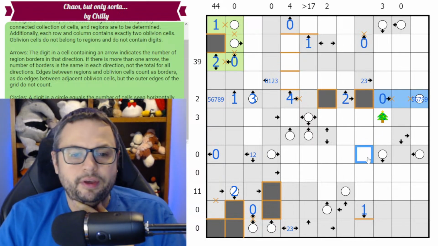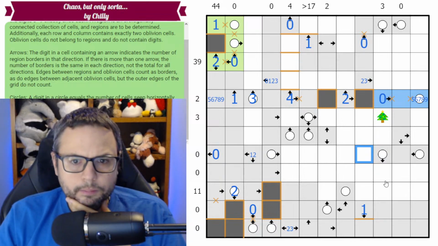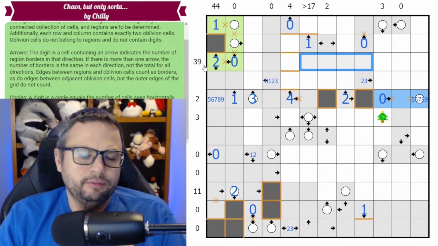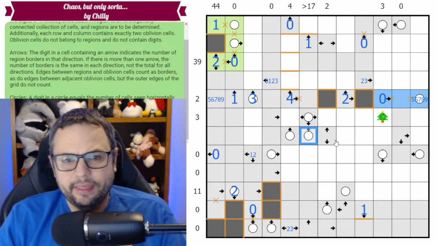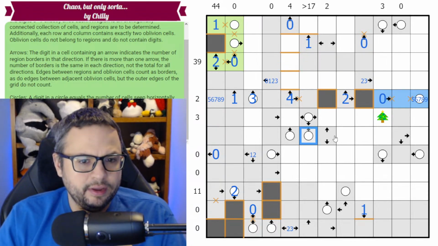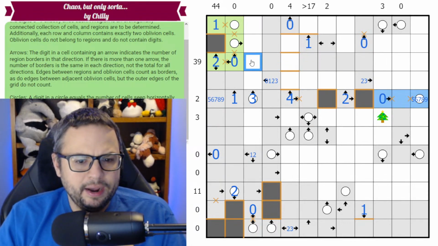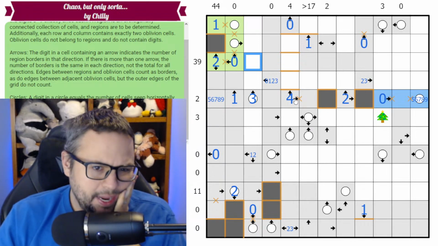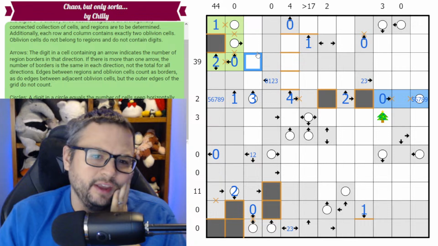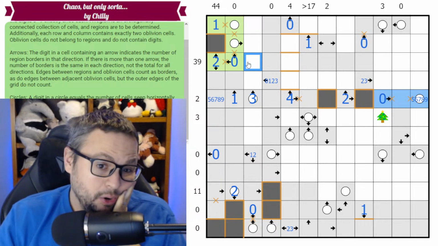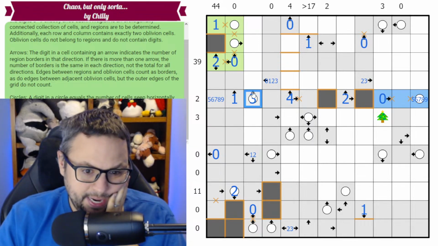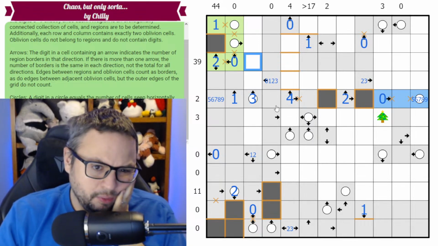So we get all of those are non-Oblivion cells because of the 39 and the fact that the 39 only has outies of that. Now, if this is an outie, it's a 1 only. So either this cell contains a 1 or it's an Oblivion cell. Those are the only options because it sees 0, 2, and 3.